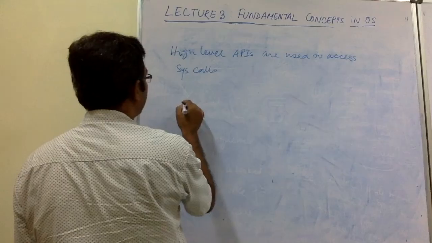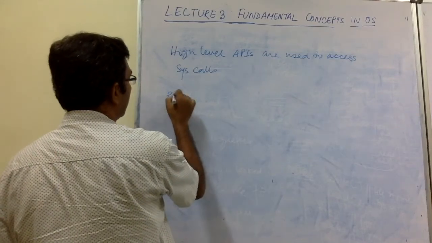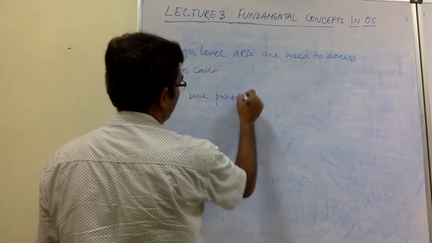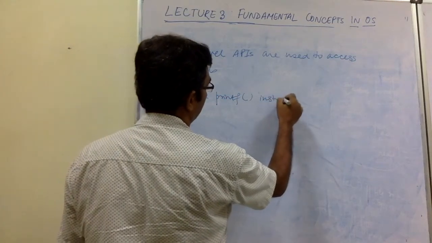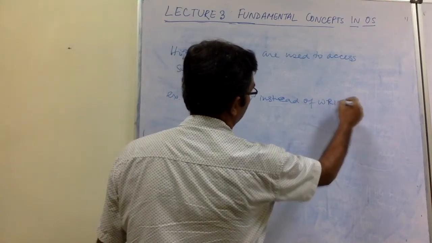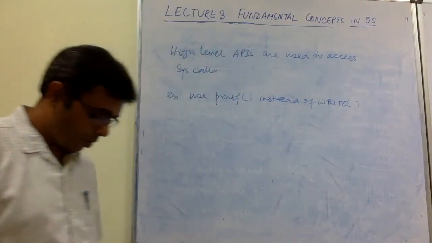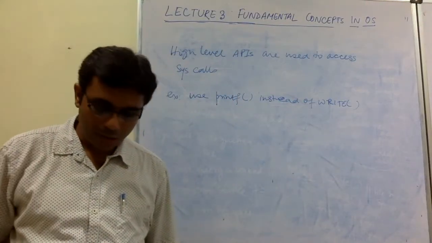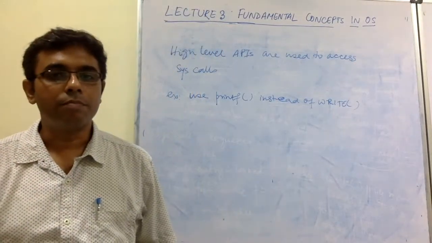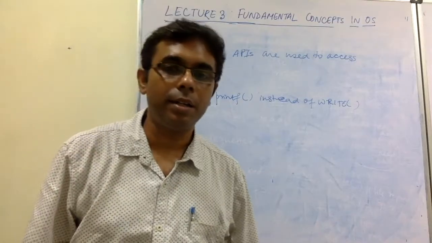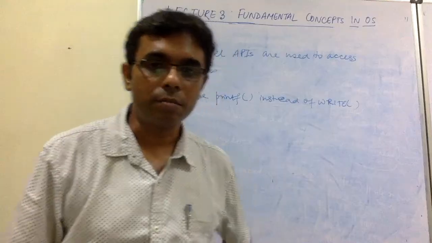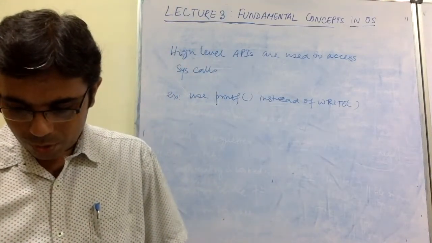Say, for example, instead of using write, we use printf. Now, what is the reason for that? The reason is that these application programming interfaces are much easier to use. Developers or programmers usually find working with these APIs easier as compared to working with the system calls.